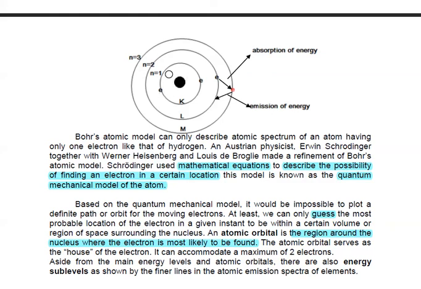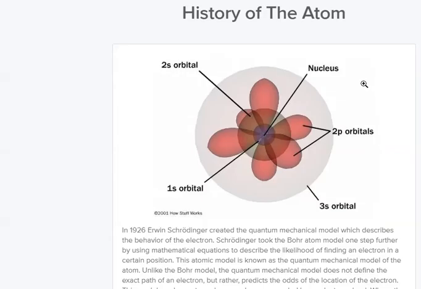Okay? So, in this area, let me try to show you a photo of that. So, this is a model that Erwin Schrödinger created. This is the quantum mechanical model. As you can see, the nucleus is here, and the electrons are no longer like earlier wherein there is a definite path.